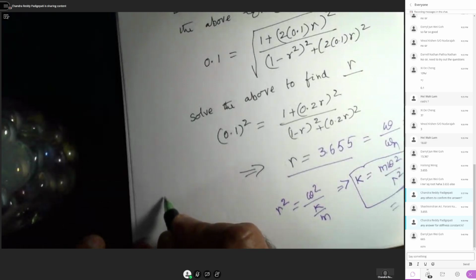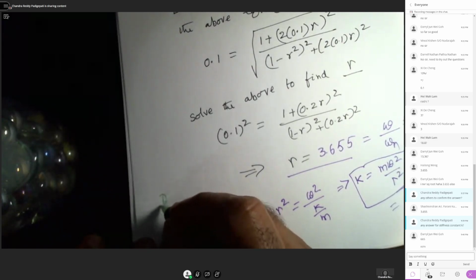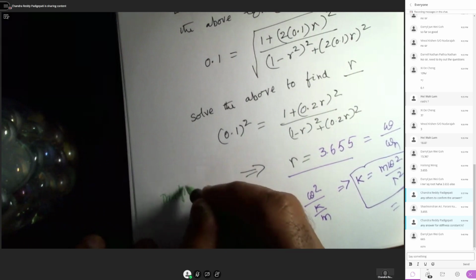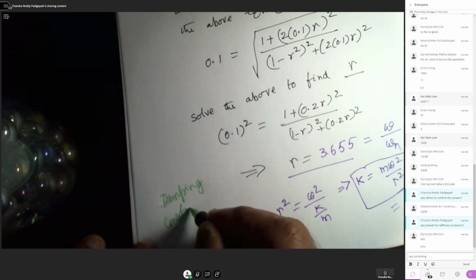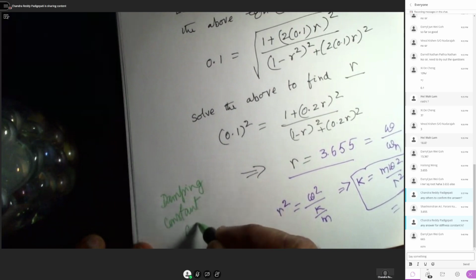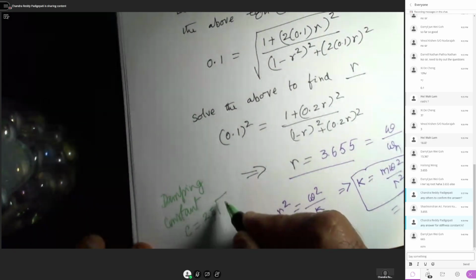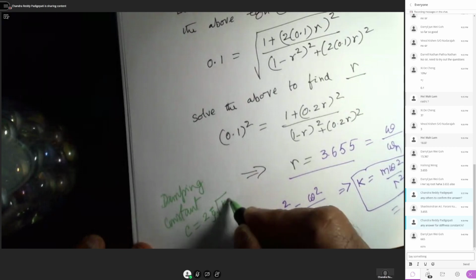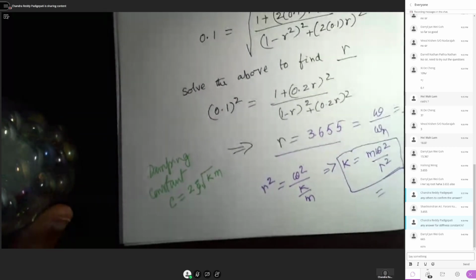So the damping constant C will be, you can use any of the formulas which you know. So one of the formulas is 2 eta square root of k m. So you can use this formula to calculate the damping constant.